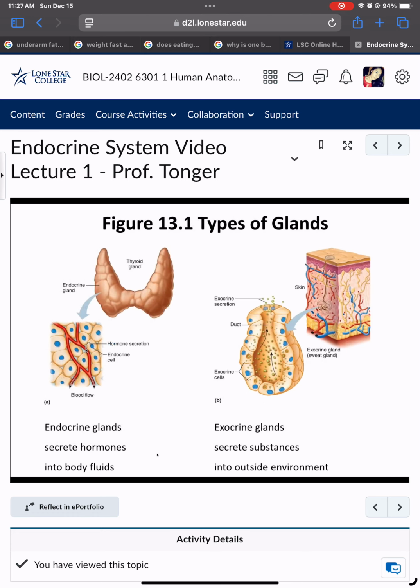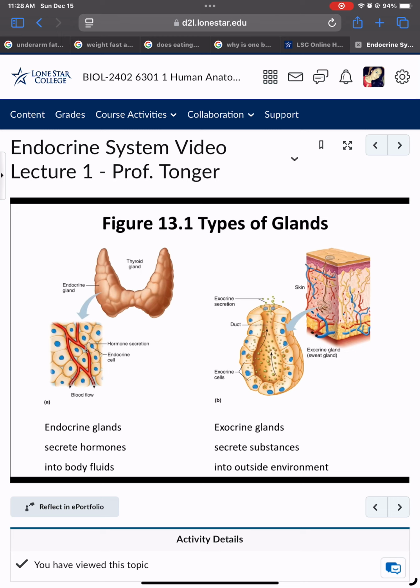To make you understand a little further, if you look at this picture, this over here is a thyroid gland, and the secretion from the cells of this gland is going to be hormones, and those hormones will go to your body via the bloodstream. Okay, so these are the type of endocrine glands where they secrete hormones directly into the body fluid, which is your blood, versus the exocrine gland, and here the example is the sweat gland.